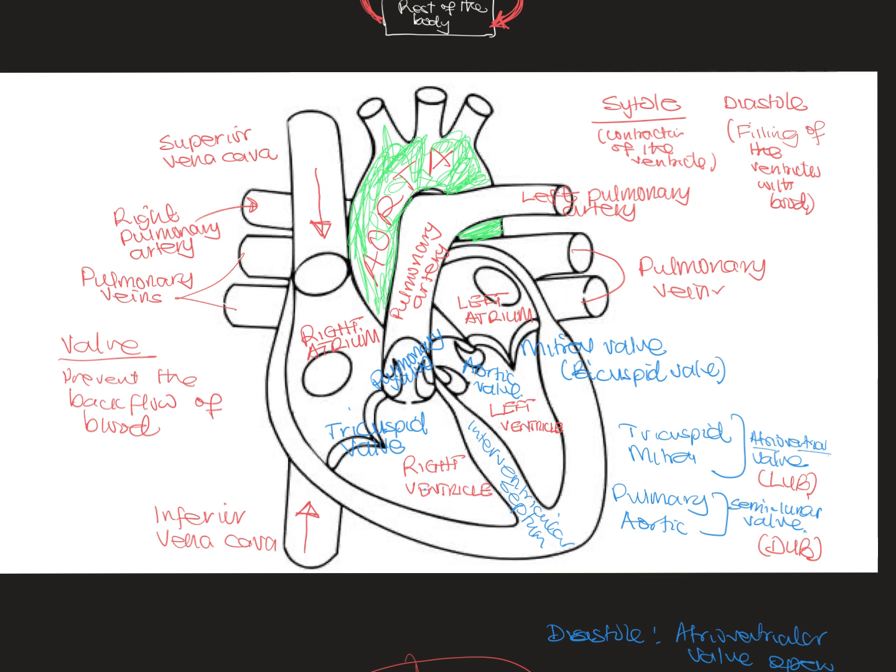So for atrial septal defect, the defect is at the level of the atria. For the ventricular septal defect, the defect is at the level of the ventricles, between the two ventricles.